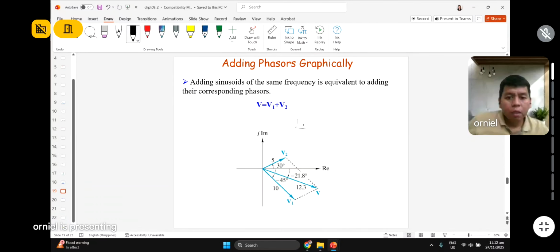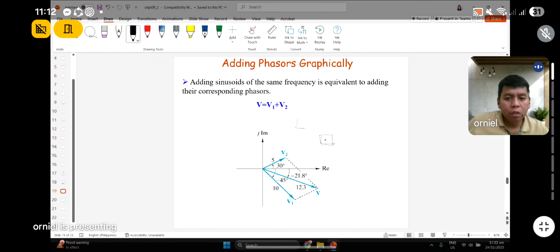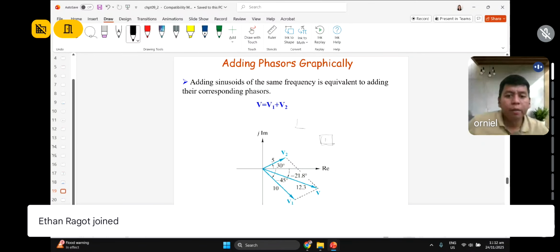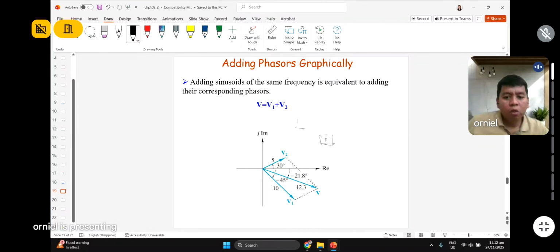Your goal is to build the hardware. Assuming this is your hardware and this is your output side, you will have five string lights.